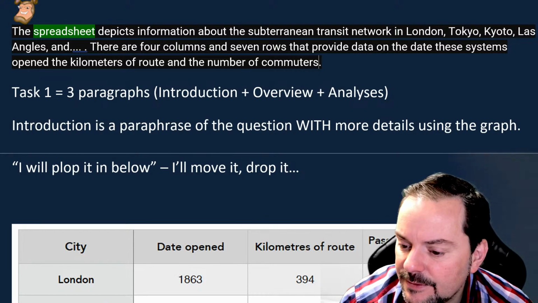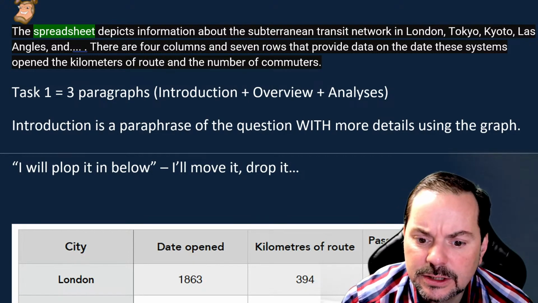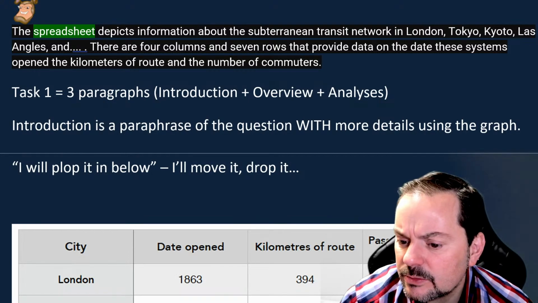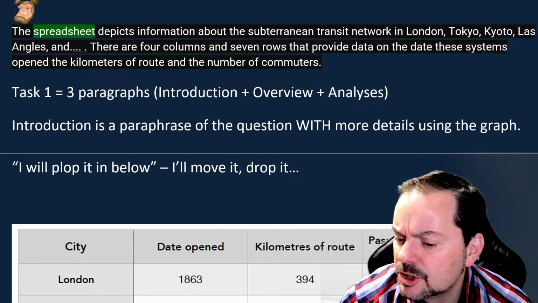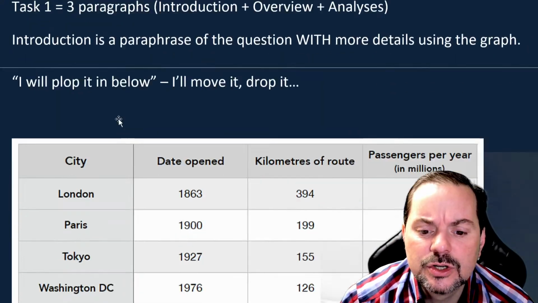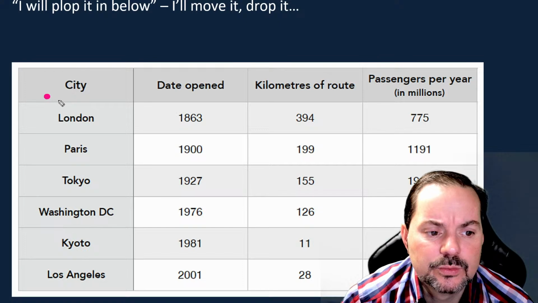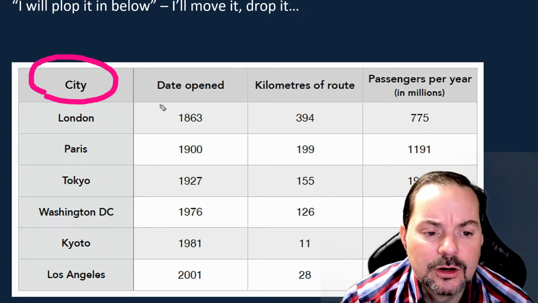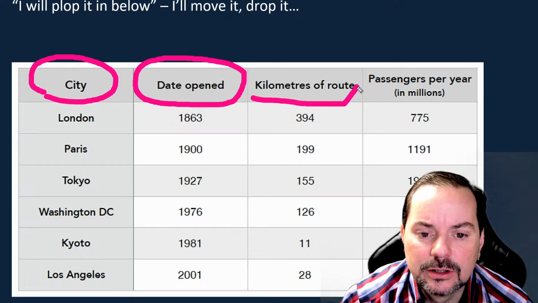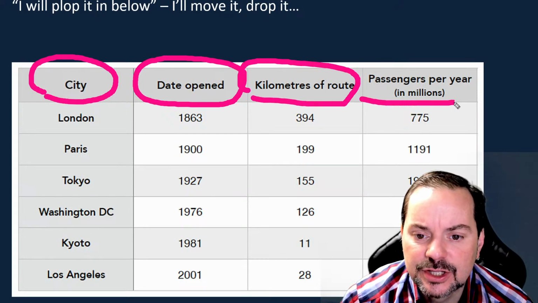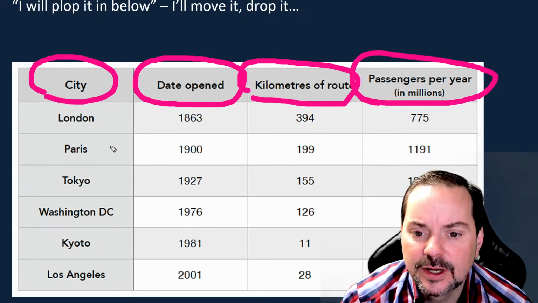All right. Anahita says the date of inauguration onward is already included in the given information, so I think we do not need to include them. I mean, Anahita, it depends how you write this, but I would introduce that. So when I have a table for task 1, I think it's a really good idea to include the column titles in the introduction. That gives a lot of clarity, okay?